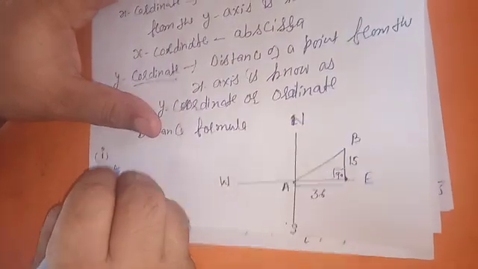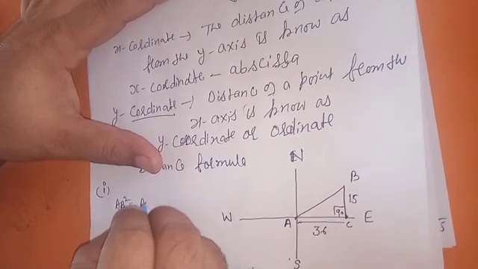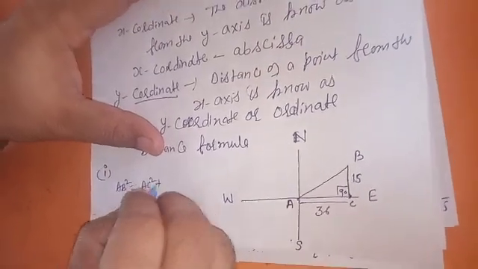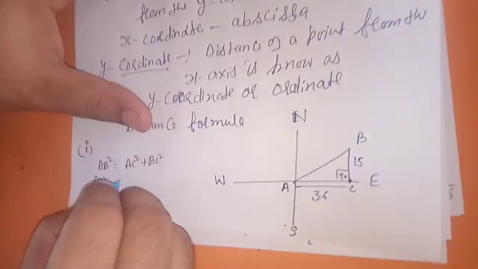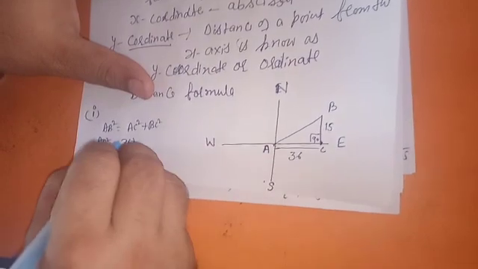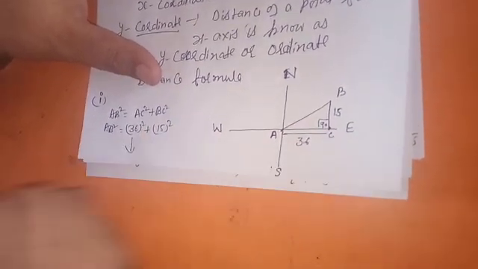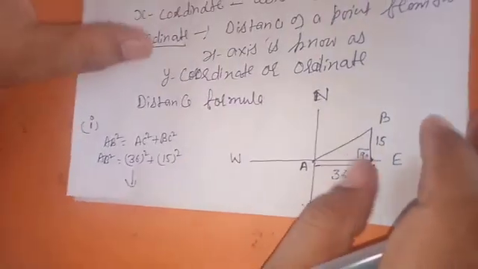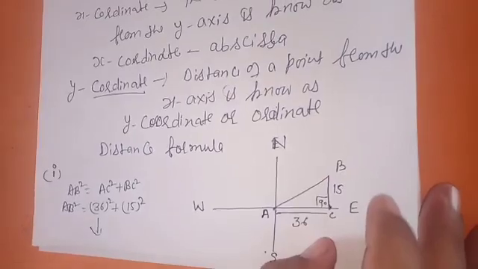So AB square is equal to, let this be C, AC square plus BC square. So AB square is equal to 36 square plus 15 square. After this you can calculate. Easily you can find out the distance between these two towns.